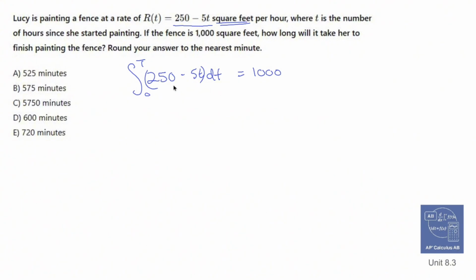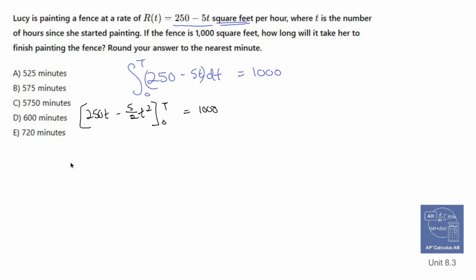So integrating the left side is going to be 250t minus 5 over 2 t squared, with limits at 0 and T. That's got to equal 1,000.